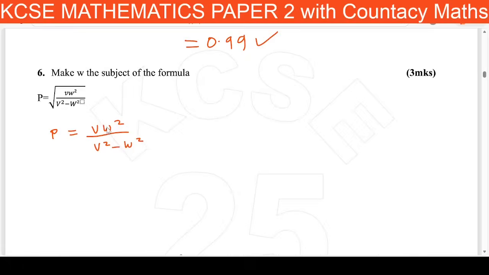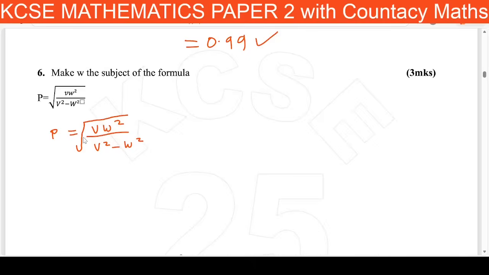So the first thing that we do is to try and locate where it is. Notice here there is a square root like that. So our main aim and our main goal is to isolate W as much as possible, to remove everything that is here until we remain with the W alone.